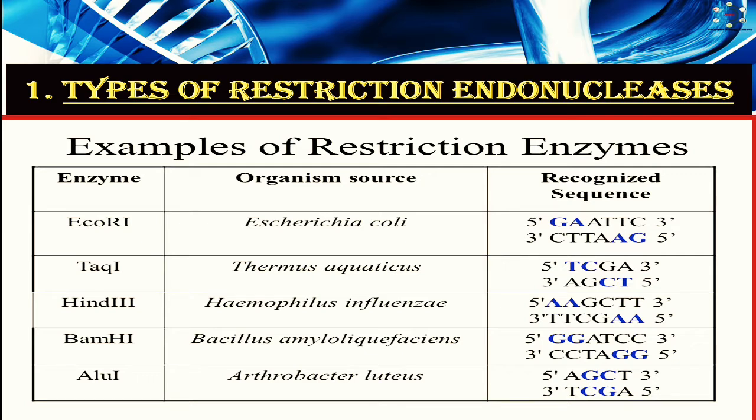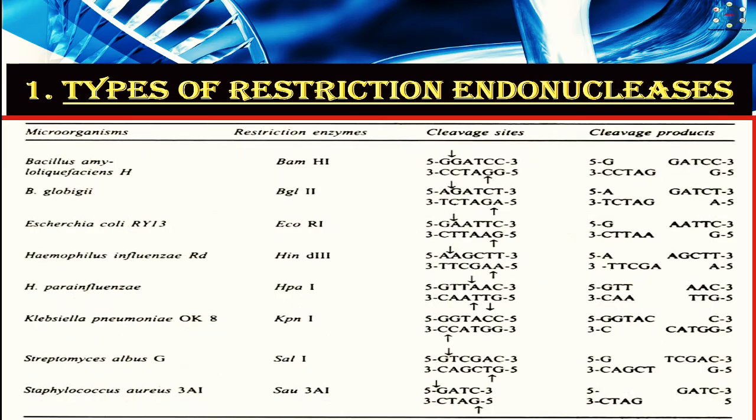And here you can see the recognition sequences, because you know that restriction endonucleases cut at specific sites. So these are examples of microbial origin, enzymes, recognition sites and the cleavage products of restriction endonucleases, which you can see in this picture.